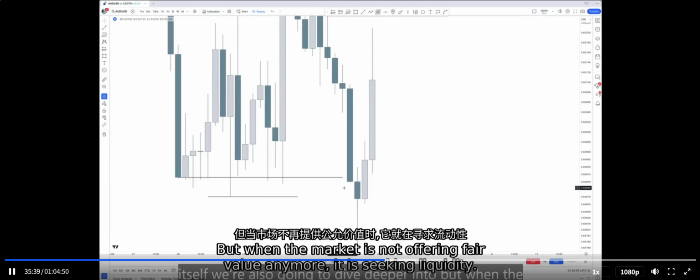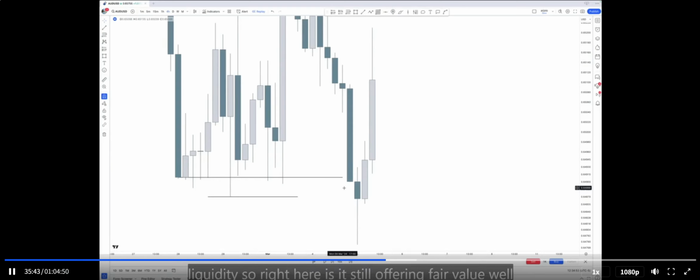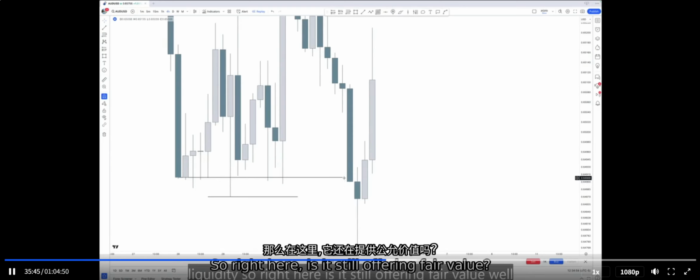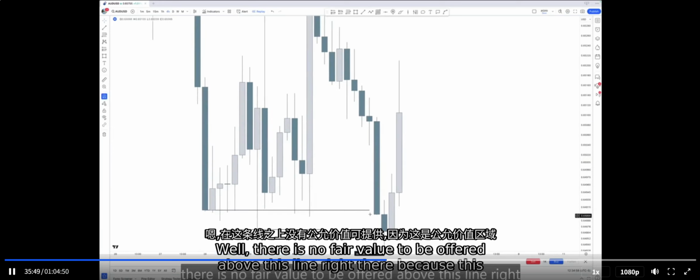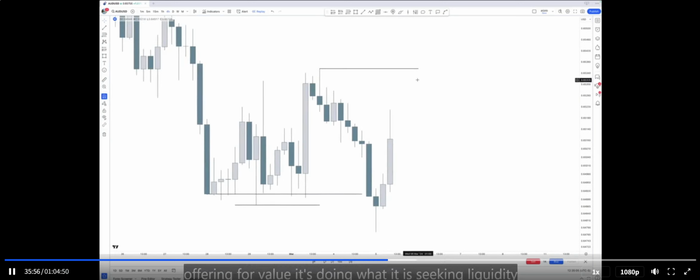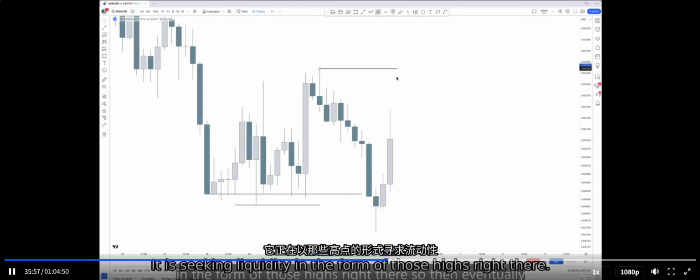But when the market is not offering fair value anymore, it is seeking liquidity. So right here, is it still offering fair value? Well, there is no fair value to be offered above this line right there because this was the fair value area. So if it's not offering fair value, it is doing what? It is seeking liquidity in the form of those highs right there.